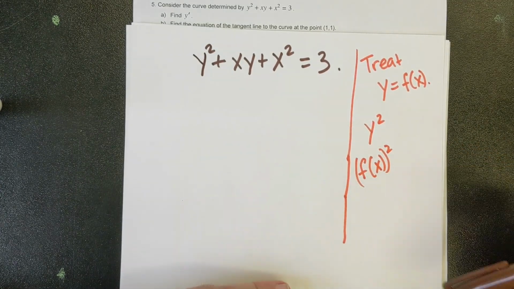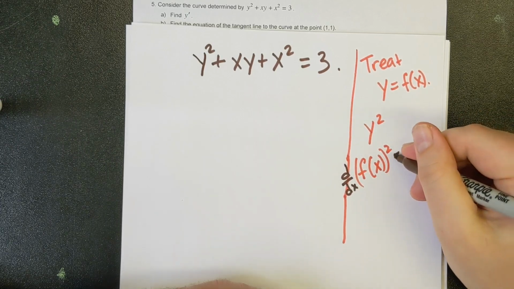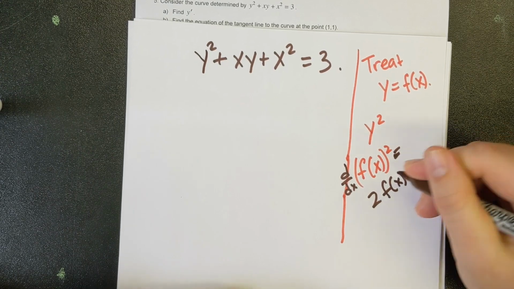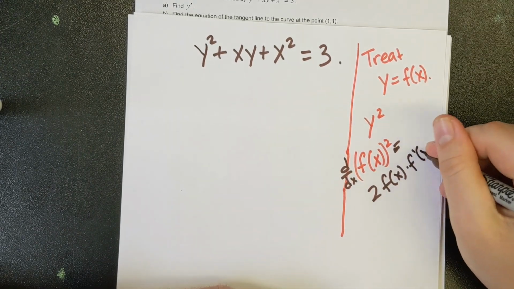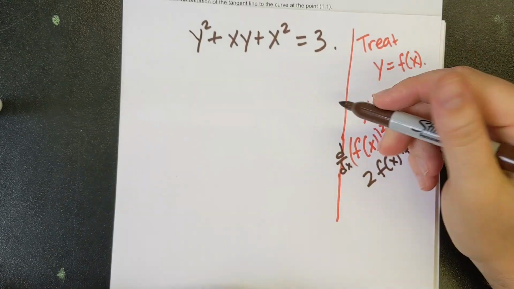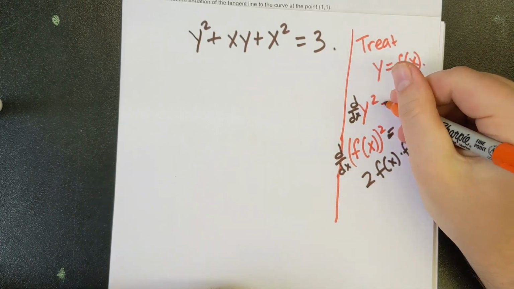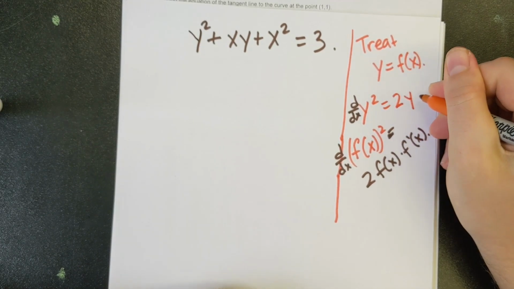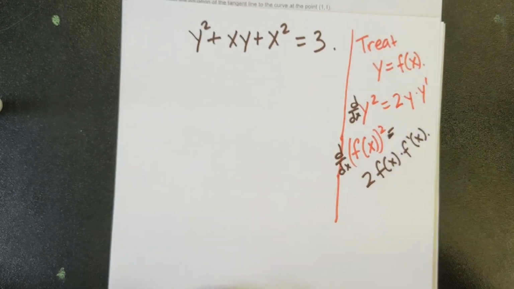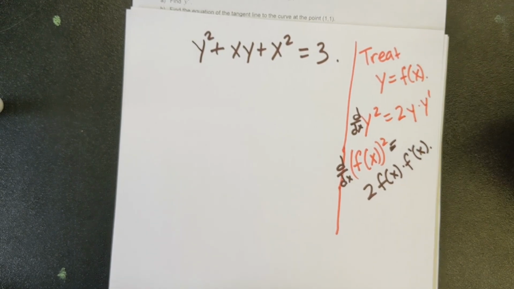It comes out to be 2 times the function times the derivative of that function. We're going to do the exact same thing. The derivative of y squared is just 2 times y, but then times the derivative of y, which I'll call y prime. So that's the basic rule we're going to remember: treating y as some function of x.